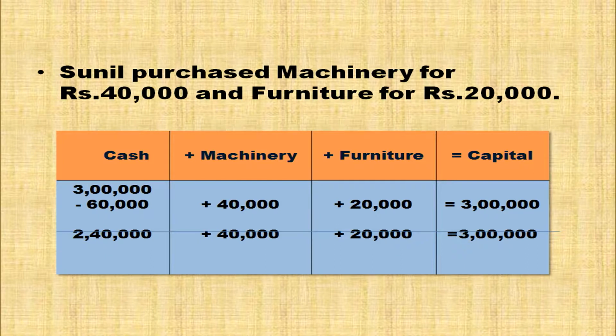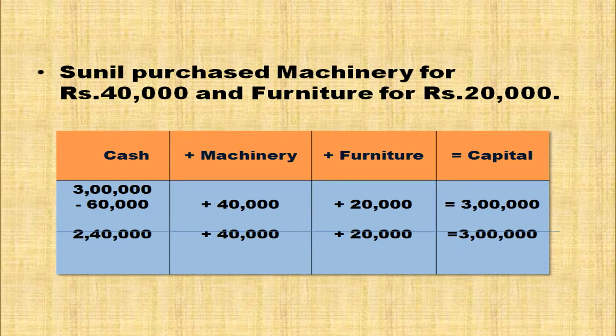machinery of rupees 40,000 is coming inside the business. So, under machinery column, you have to add 40,000. Under furniture column, that is also purchased, you have to add 20,000. So, how much of cash is going from the business? 40 plus 20, 60,000 cash is going from the business. So, cash is deducted rupees 60,000.